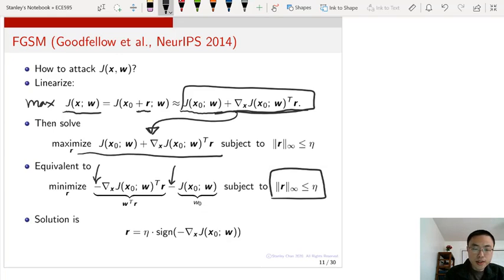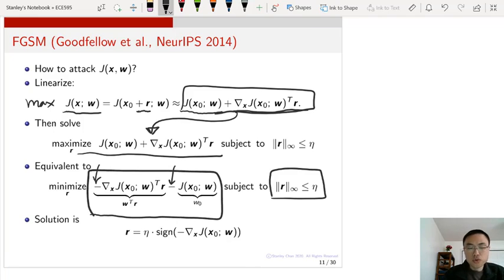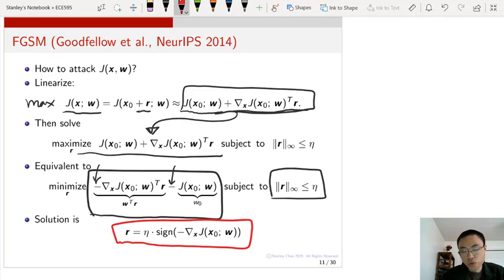If you look at this objective function here, you try to do a one-to-one matching between this problem and the L infinity norm problem we just introduced. And you can see that there is a very clear solution. The solution is R equals eta times the sign of minus the gradient of the loss function.